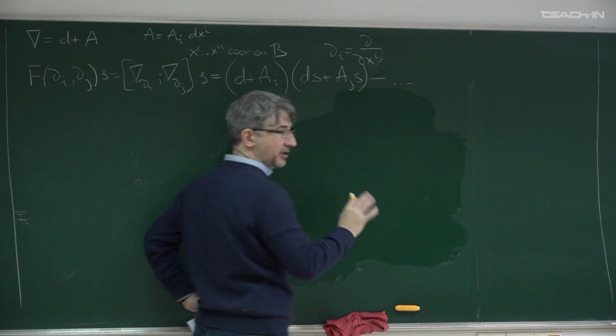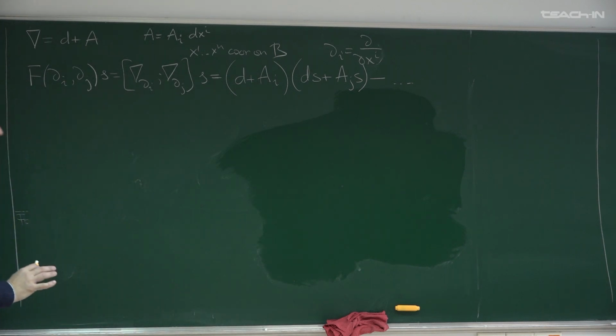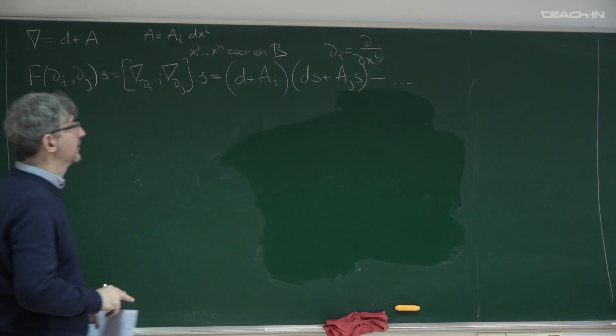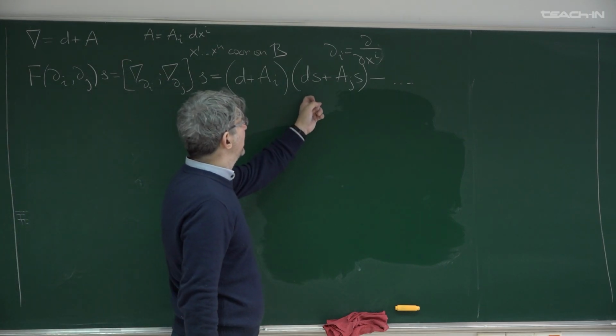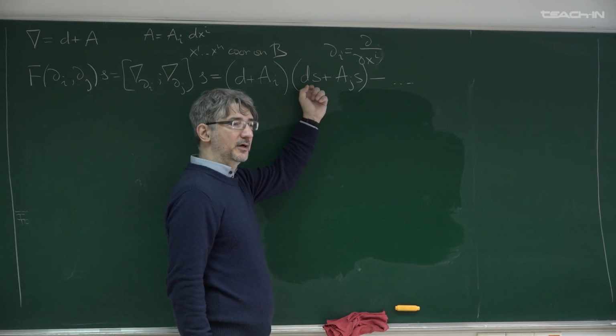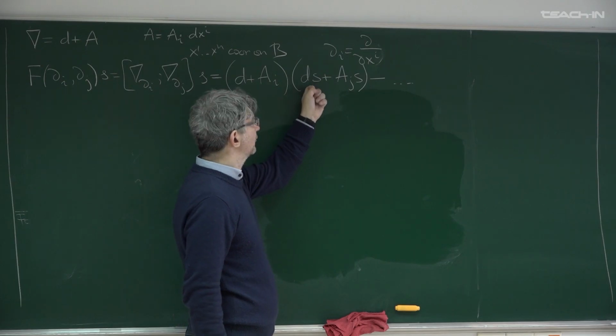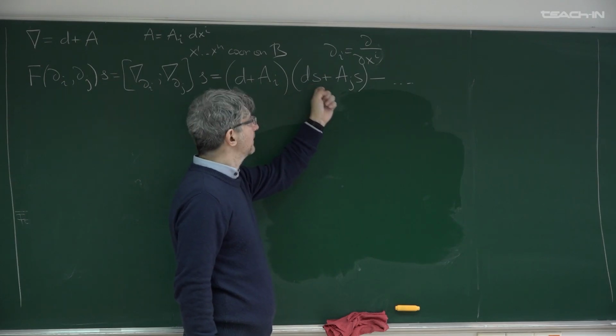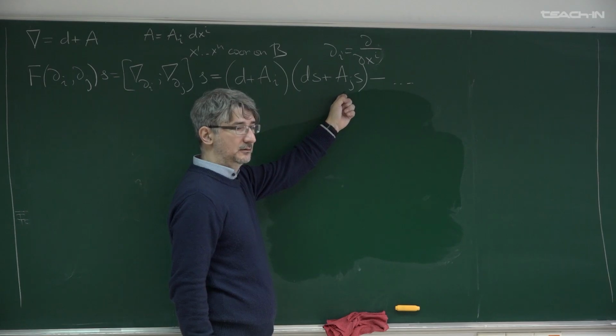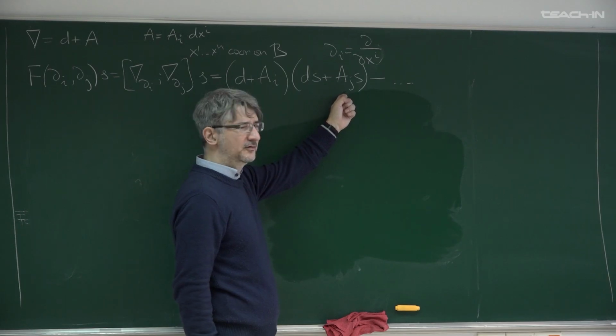Minus something which I don't want to write at this moment. Is it okay? So what I did, I applied here covariant derivative with respect to the vector field J. So this is a differential of S. And here we see, is it correct or not?